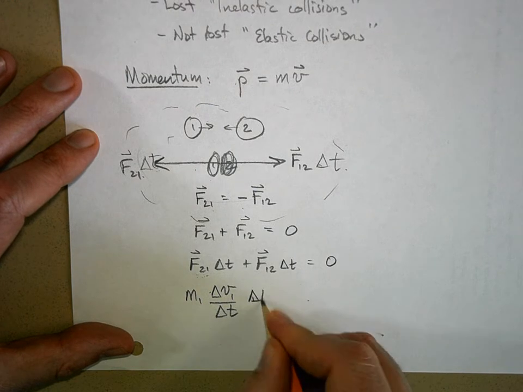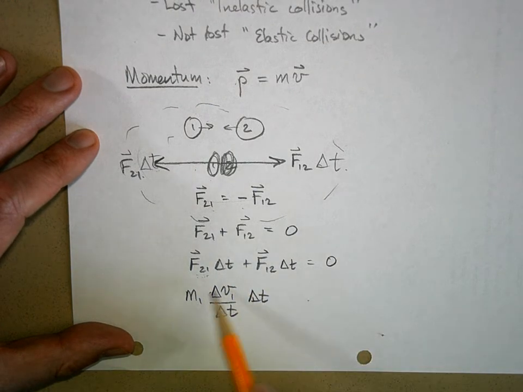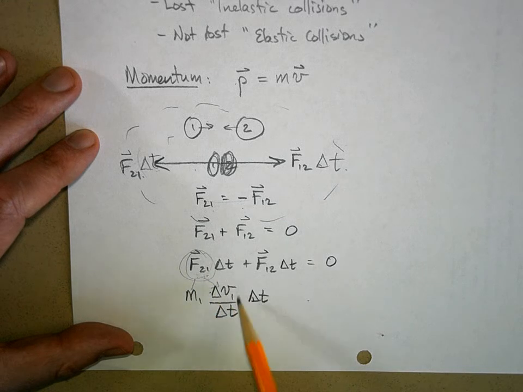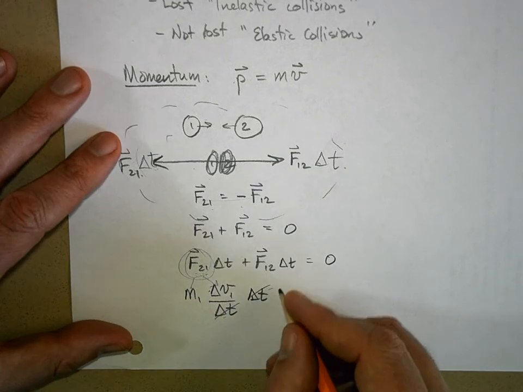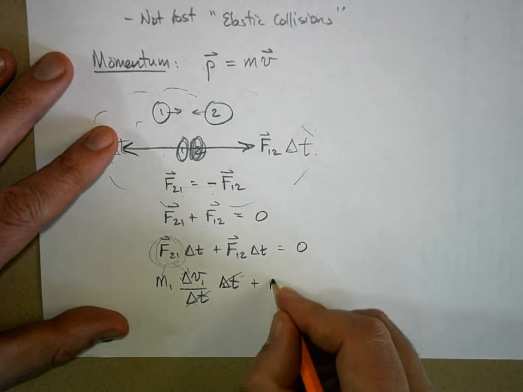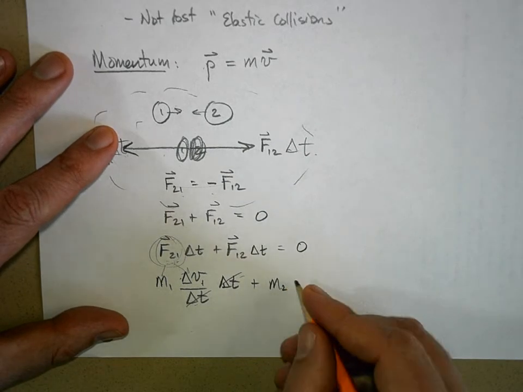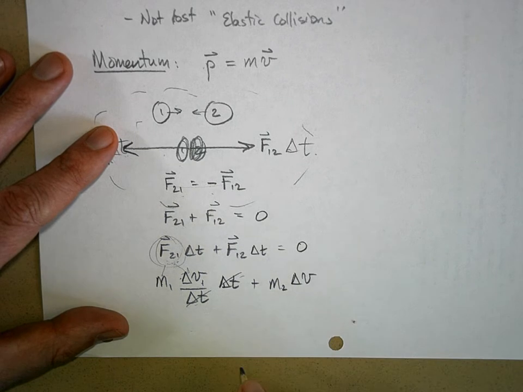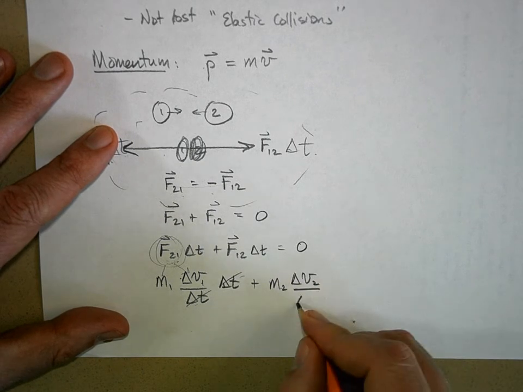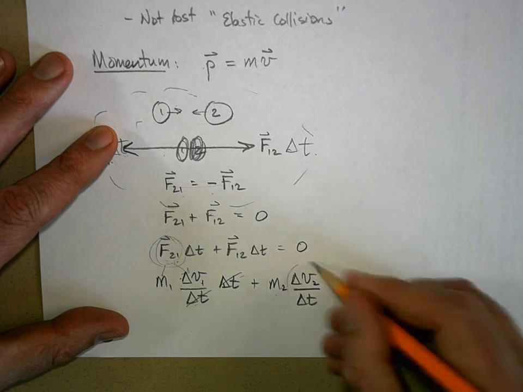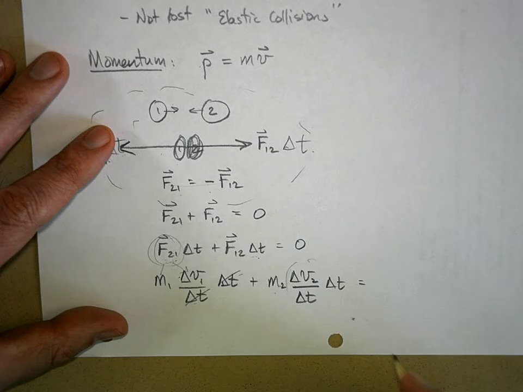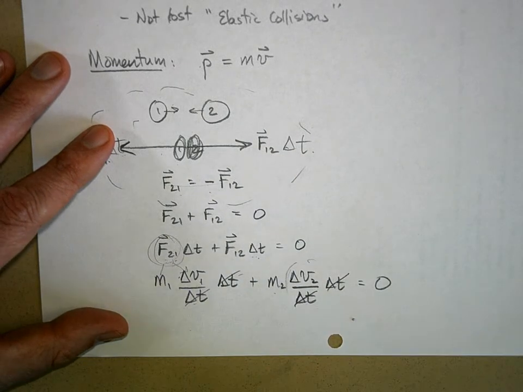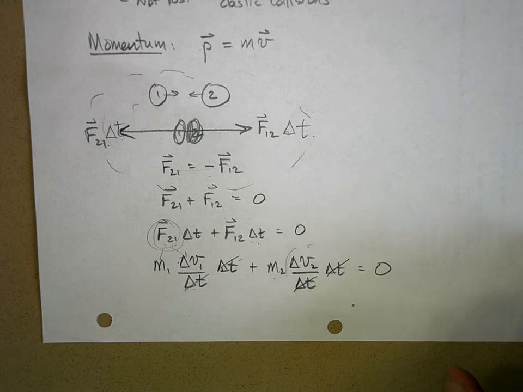And then we're multiplying that by delta t, so the delta t basically cancels out, and that gives mass times the change in velocity. Plus, same thing with m2: the force of 1 on 2 is m2 times the change in velocity of object 2 over delta t, multiplied by the delta t we decided to multiply by, and all of that equals 0. So here the delta t's cancel, and I've got something quite interesting.